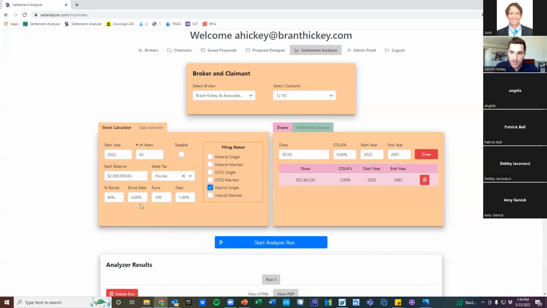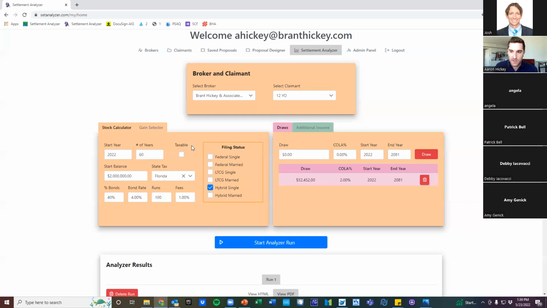So in 30 years, let's change it from a hybrid single to a hybrid married tax bracket, which should reduce their taxes just slightly. So there's some, again, changes that we would love to make. Right now it works fantastically, but we can get into more detail and more accurate analysis if we have continued support. So that was the first example.